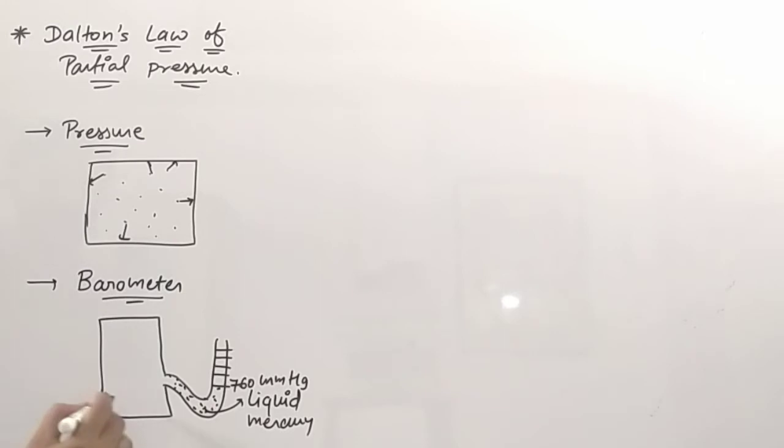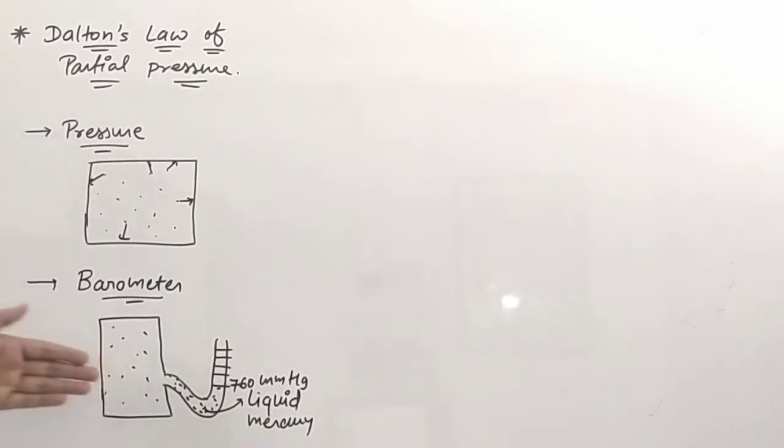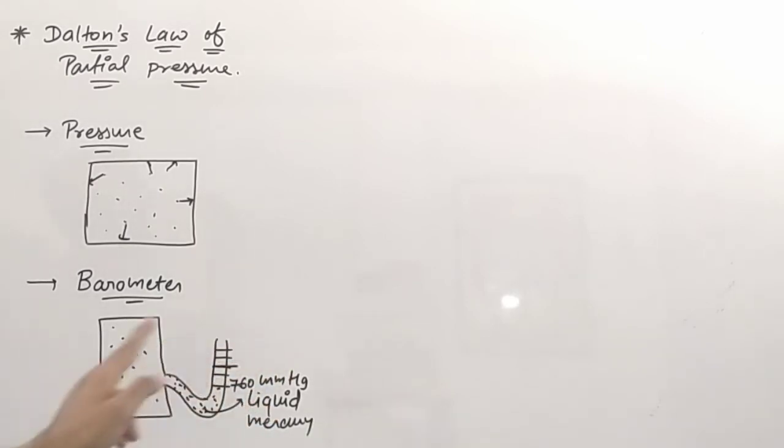Now, if any gas is here, this gas will apply some pressure, and due to that pressure, the mercury will go towards the upward side. According to that marking, its pressure is calculated.